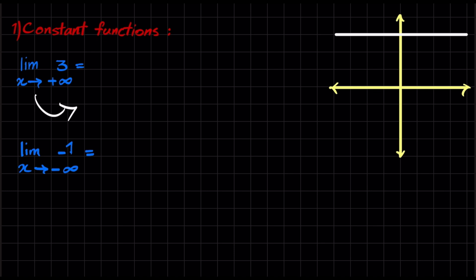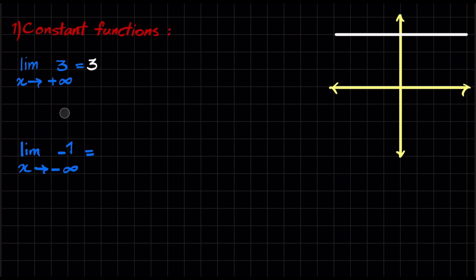And by the way, from both sides, this is going to be continuous. Anyway, for any input applied to the function, we're going to get 3. It does not matter how large or how small the number is, even at the highest point, which is positive infinity, we still get 3.